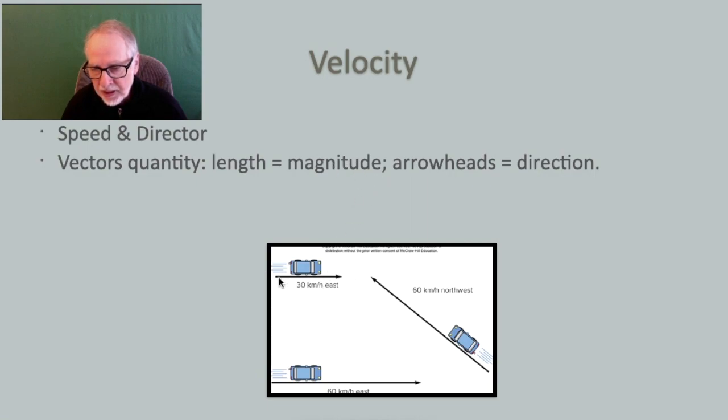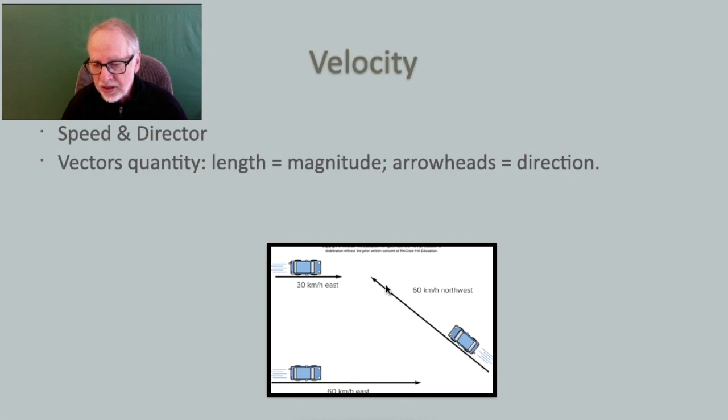For example, you can say this is 60 kilometers per hour moving east in this direction. Here's one that is 30 kilometers per hour. Here's one that's 60 kilometers per hour moving in the same direction. Notice the length of that vector is greater because the speed is greater.